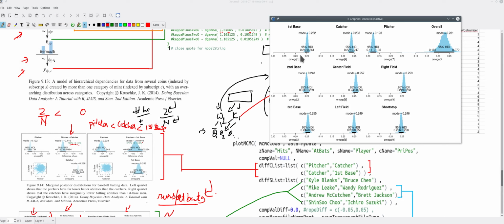But within each category, we have these individual omegas. You can see some of these are 0.25, there's 0.123, there's 0.259, and so on. So each of these individual groups has their own omegas.